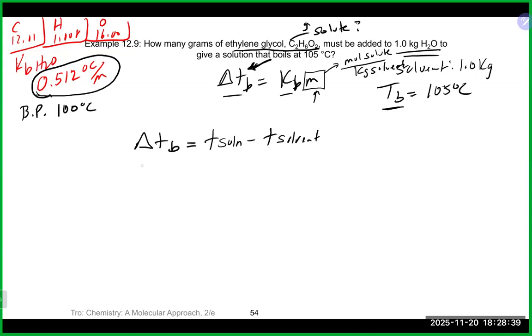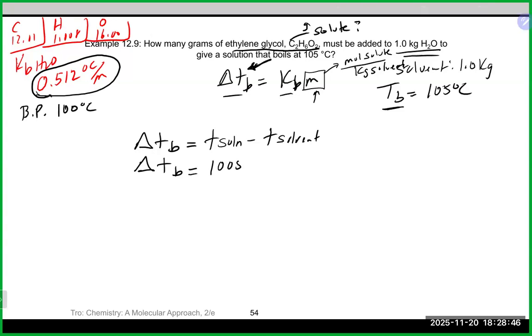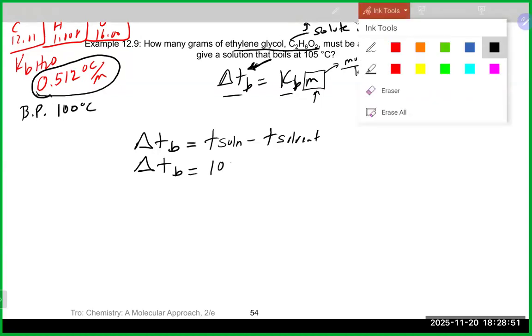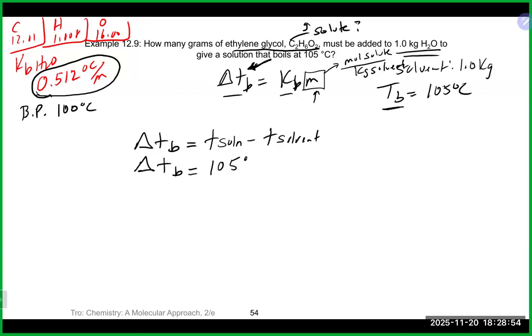That would give us the change in boiling point as 105 degrees Celsius minus our normal boiling point of 100 degrees Celsius, which means this is actually 5 degrees, and not 105 degrees. So you want to make sure that you put the correct temperature in there for the change in either freezing point or boiling point. Again, a very common mistake. People will just roll with that number.